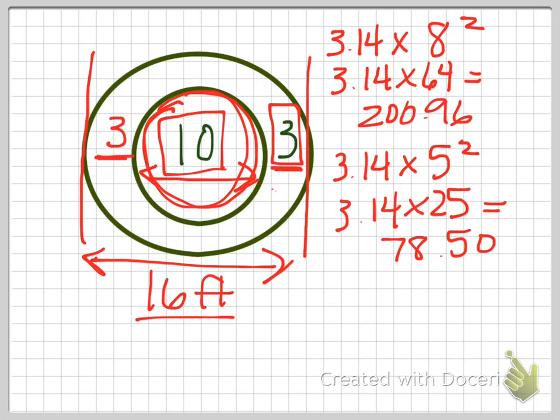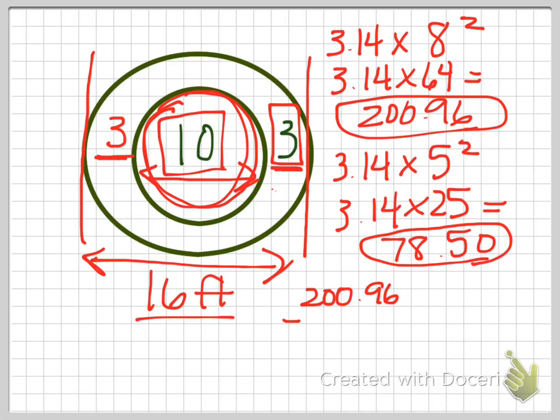Now if we take the total amount that we found, which was 200.96, and we subtract the area we found for the fountain, which was 78.5, we will get an answer of 122.46. That is the area of just the walkway.